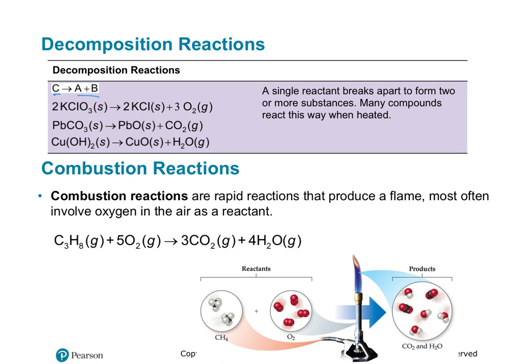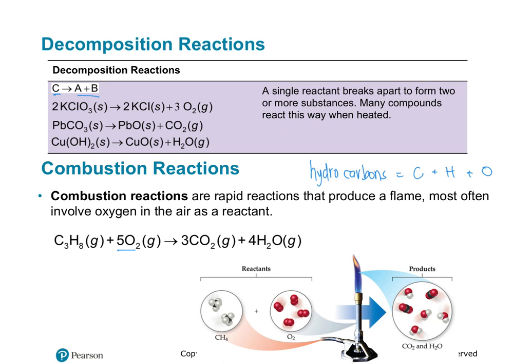Combustion reactions are reactions that involve oxygen from the air, generally as a reactant. Oftentimes these reactions involve hydrocarbons as a reactant. So these are molecules that have carbon and hydrogen in them, and sometimes even oxygen.